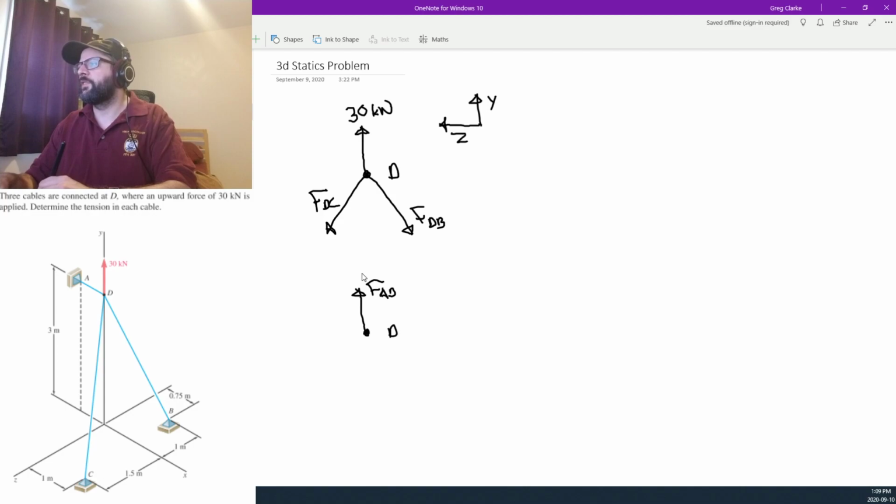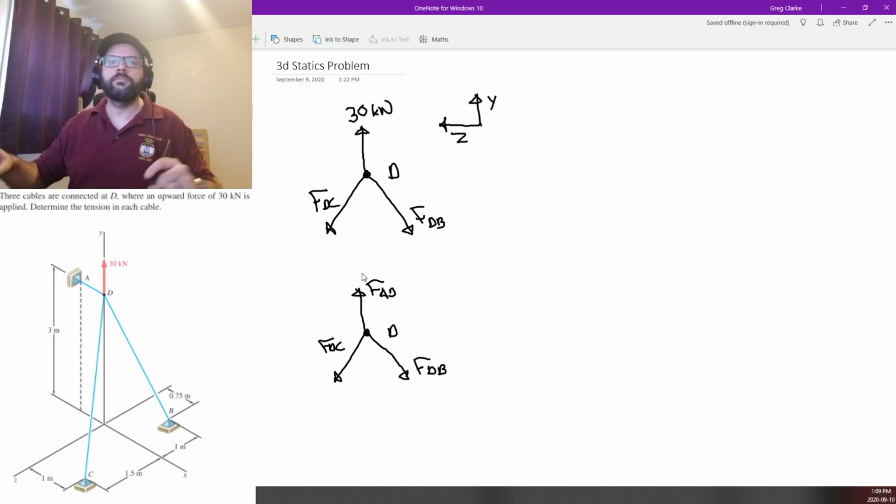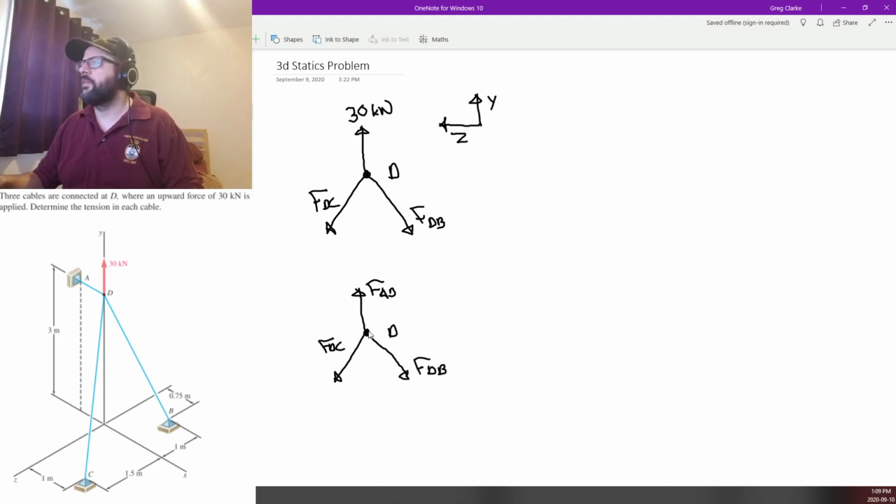Those both still show up on this diagram. The vertical force doesn't show up on this diagram because it's coming out of the page.